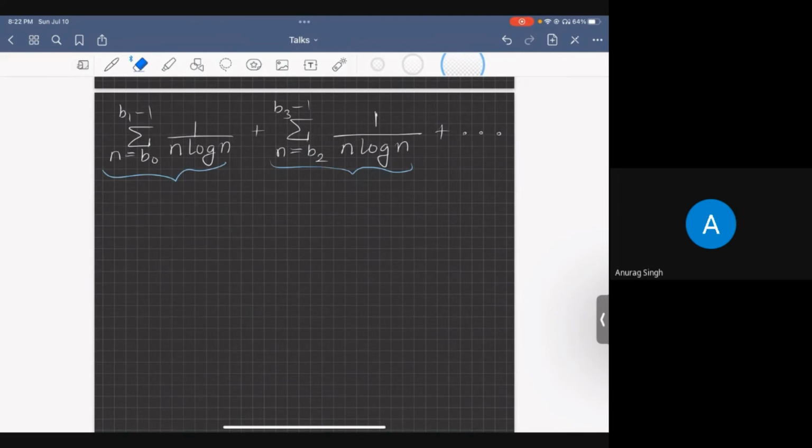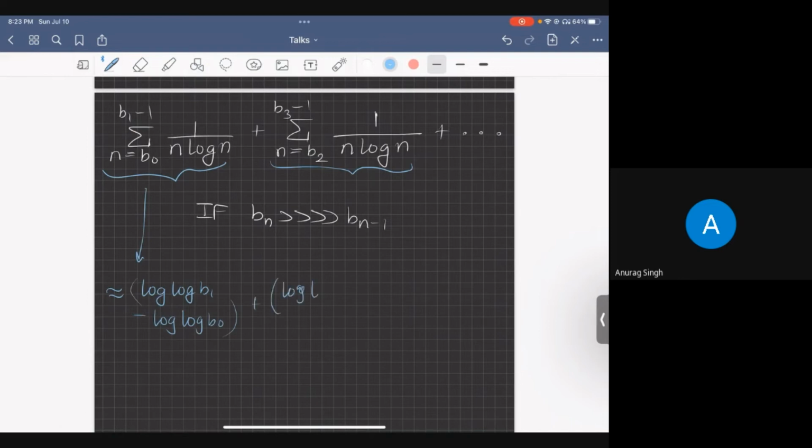The problem here is that if bn is very large compared to bn minus 1, then this will start to actually diverge, because I can write this as approximately log b1 minus log b0 plus log b3 minus log b2, etc. If these differences start to increase, if this term is less than this term is less than this term, then the sum diverges.